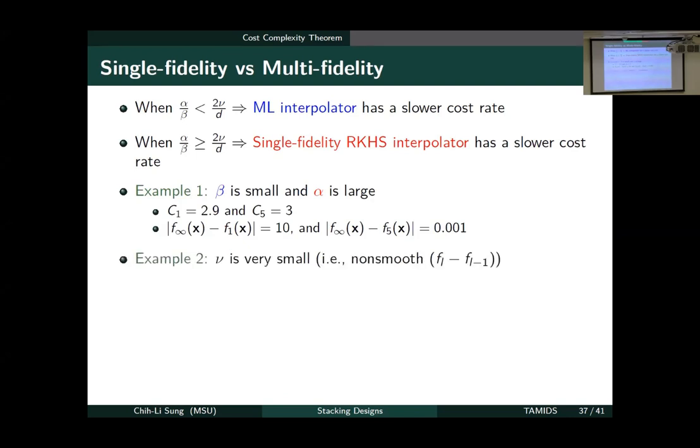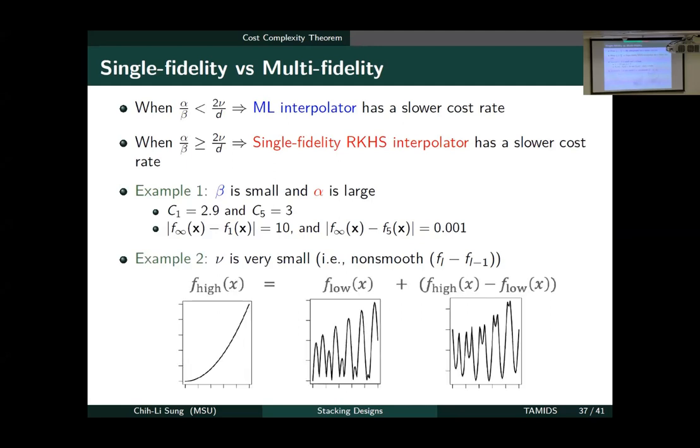All right, another example is that if we have very small nu, so again, nu is the smoothness of the function. If you have very small nu to make this condition met, then that means we have very non-smooth functions for each component. So this is another extreme case, right? Suppose the high fidelity simulator has this underlying function, very, very smooth, a very simple curve. But let's say you have this low fidelity simulator like this, jumping around.